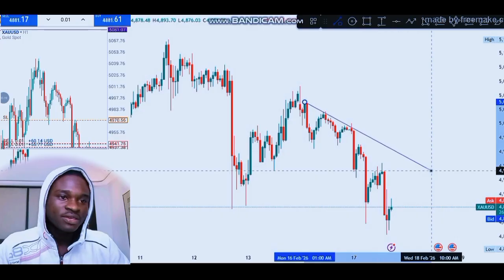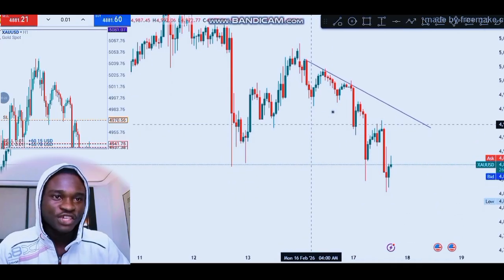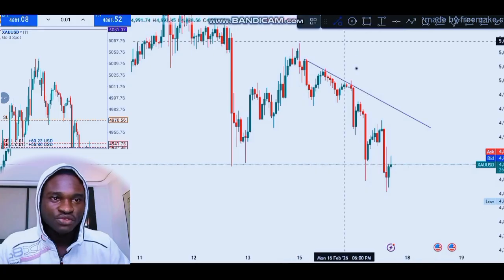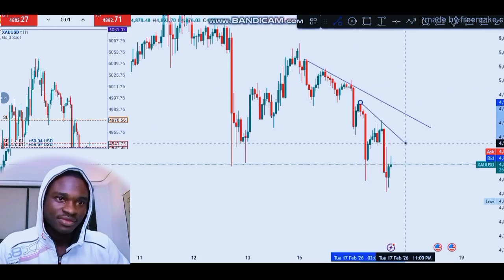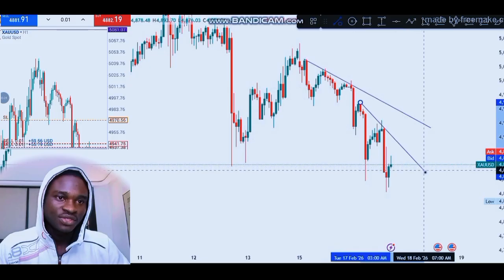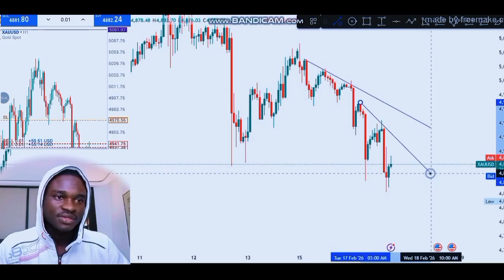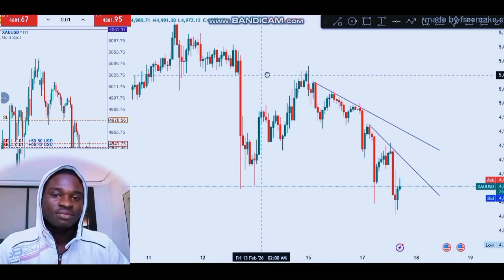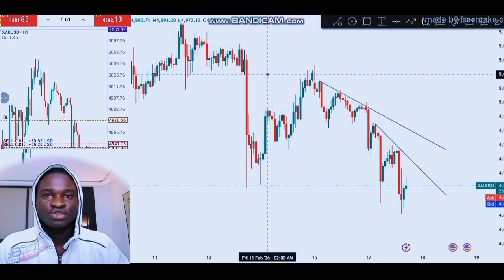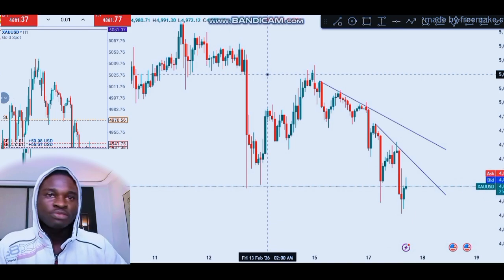So you can see over here, I'm drawing my trend line, which indicates the downtrend. After that, we still have another downtrend over here. Still another downtrend over here. So this market shows the trend is bearish, though gold is trading in a bullish market.